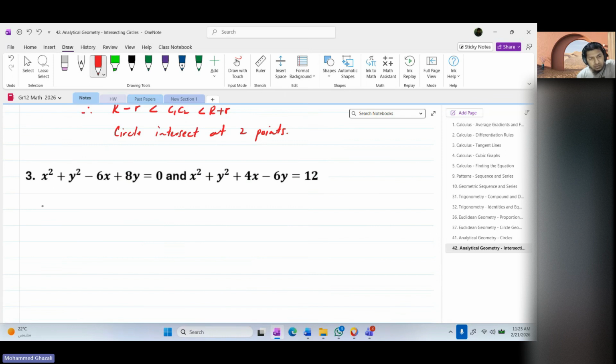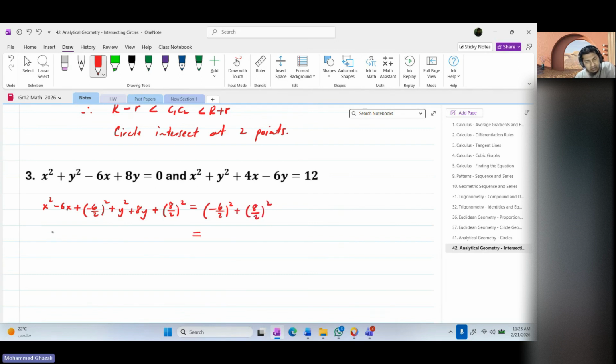We have x squared minus 6x plus (-6 divided by 2) squared, plus y squared plus 8y plus (8 divided by 2) squared, is equal to, there's no number here, so take the same thing, square it, and add it on the other side: (-6 over 2) squared plus (8 over 2) squared.